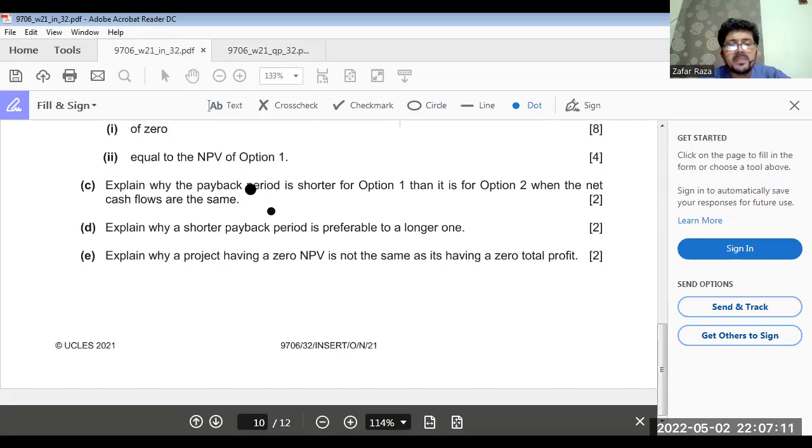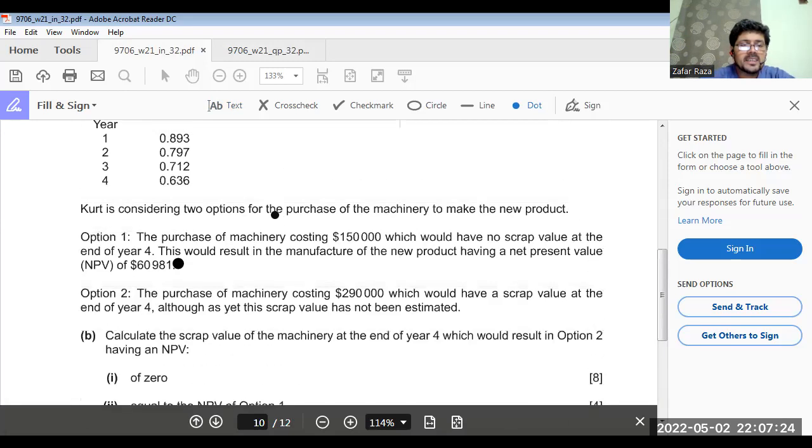Explain why the payback period is shorter for option 1 than it is for option 2 when the net cash flows are the same. What is the answer?